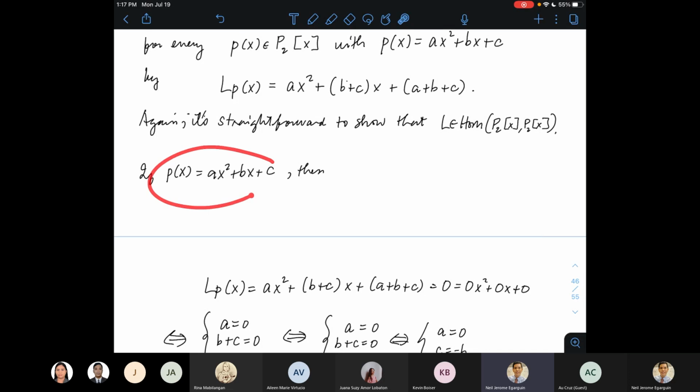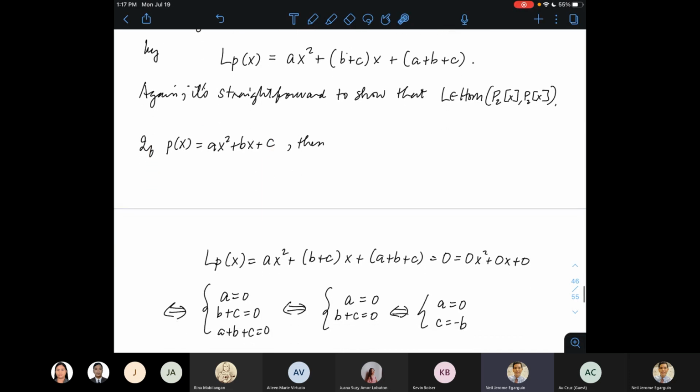Again, I'll take a generic polynomial in the domain, put it inside L. So pag pinlog ko yung generic polynomial na yon kay L, ito yung makukuha kong image by definition. And for p to be an element of the kernel, I need to find conditions on these coefficients a, b, and c, such that this image will be equal to the zero vector, or in this case, the zero polynomial, okay?